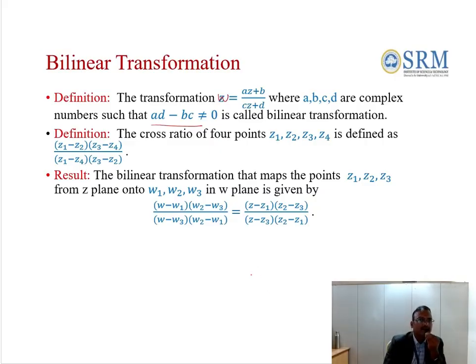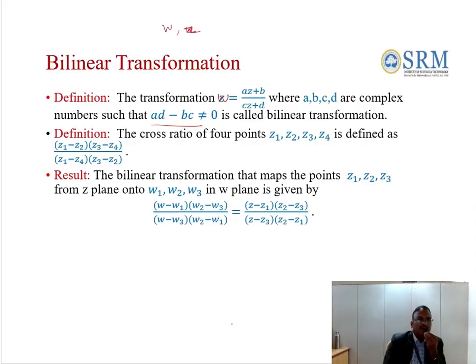That is f of z equal to a z plus b upon c z plus d, provided ad minus bc is not equal to 0. That means it is linear with respect to both the variables, linear in w and linear in z, right?